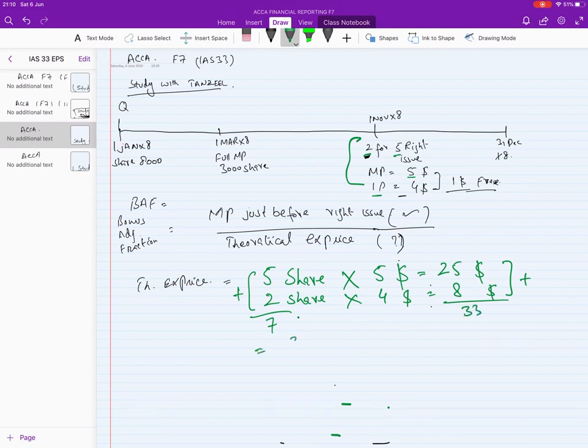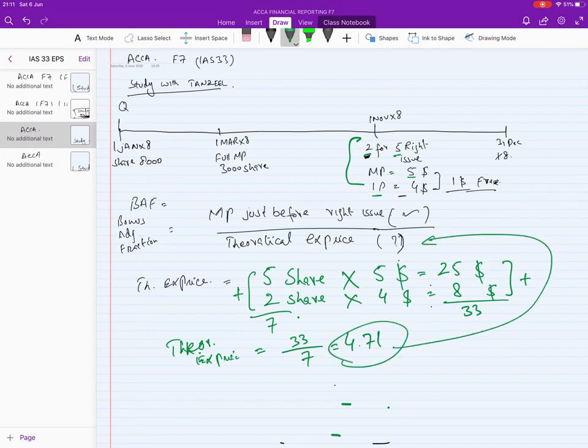So if you divide the total cost by the total number of shares, 33 divided by 7, you will have 4.71, the theoretical ex price. Put this figure in this question.